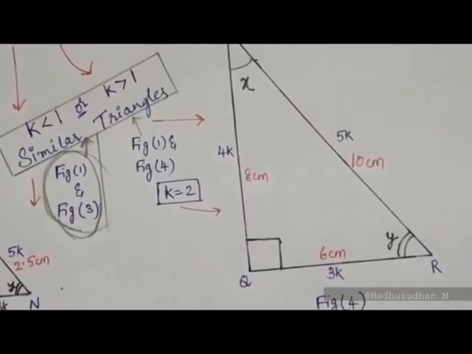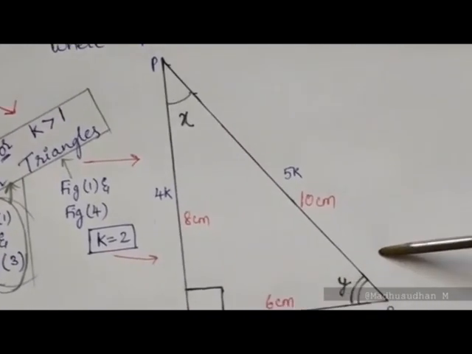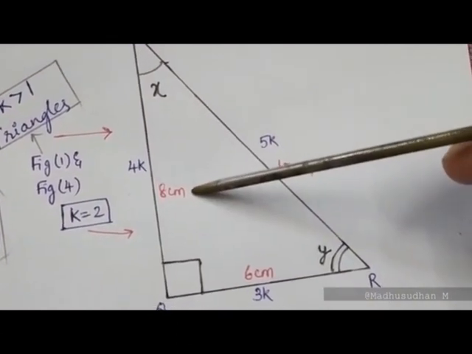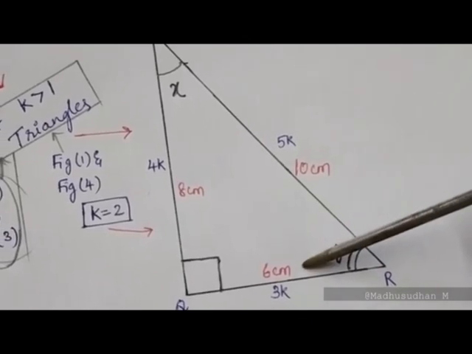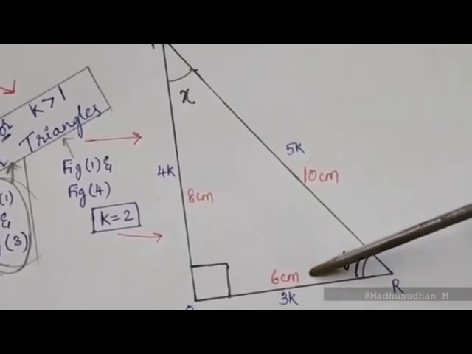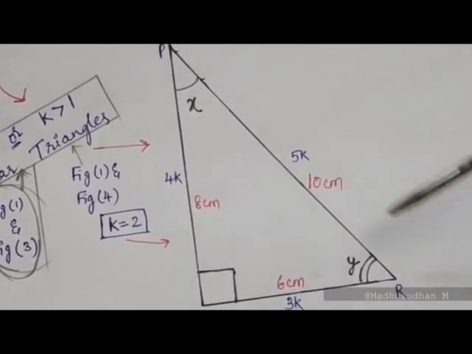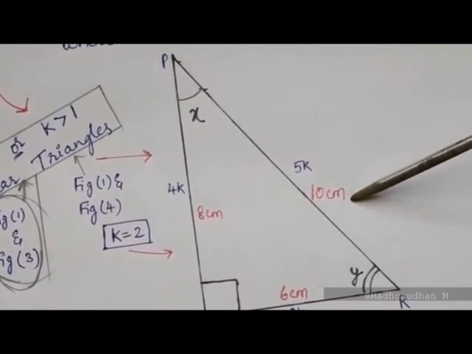If a student constructs one more right angled triangle PQ exactly equal to 8 centimeters and QR exactly equal to 6 centimeters using his scale and compass, and joins PR, the PR shall be exactly equal to 10 centimeters.